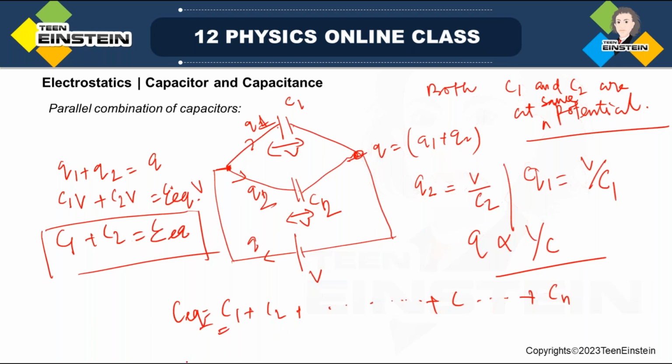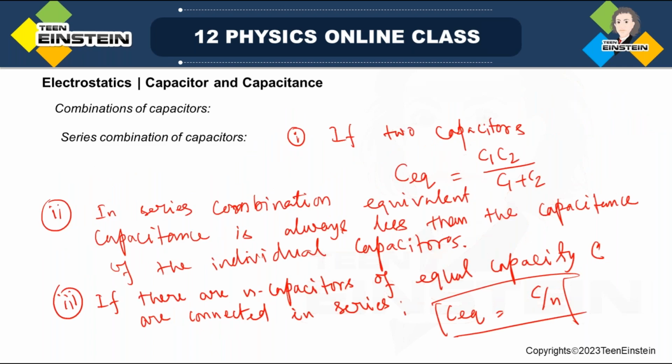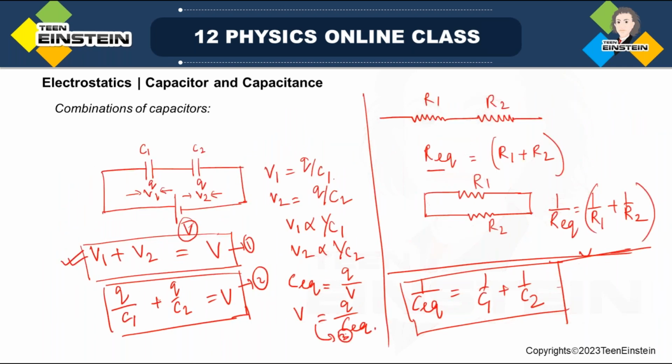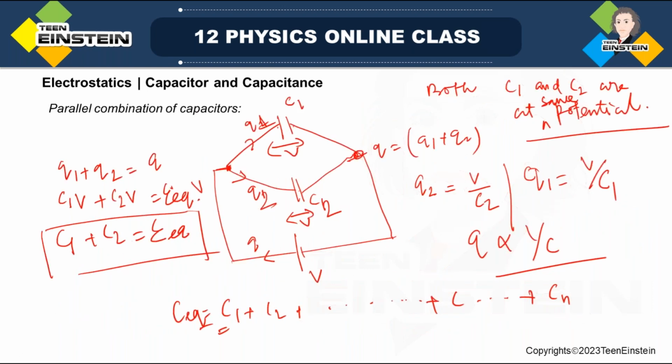For n number of capacitors, in the series case it will be 1 over C1 plus 1 over C2 and so on.